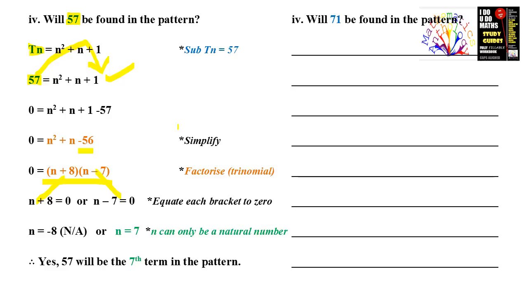So n plus 8 is equal to 0, which means n is equal to negative 8. Now n cannot equal a negative number, so we need to say that this one is not applicable as an answer. If n minus 7 is equal to 0, n is equal to 7. This is the one we can take because n in number patterns can only be a natural number. So 57, yes, will be found in the pattern, and it will be the 7th term in this pattern.